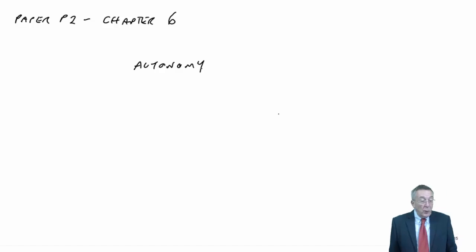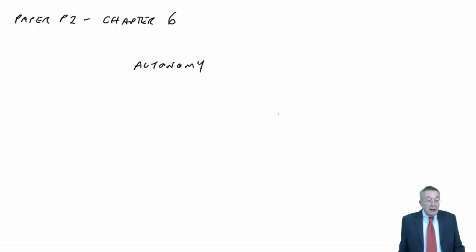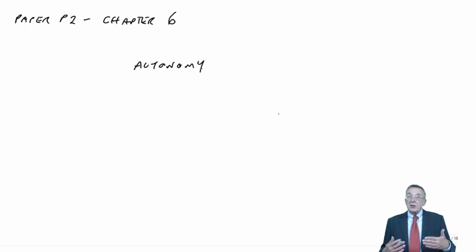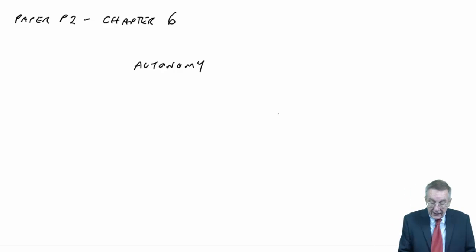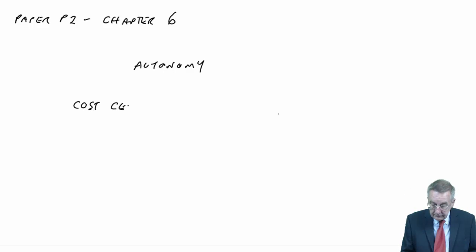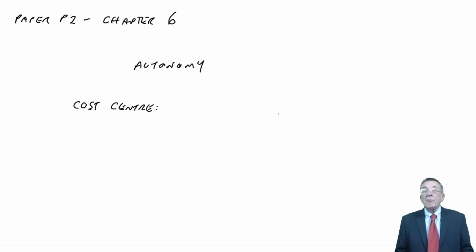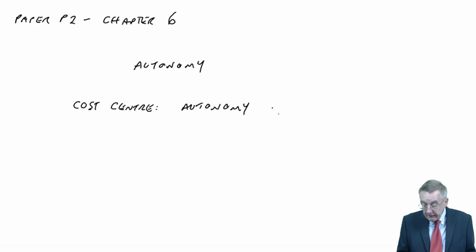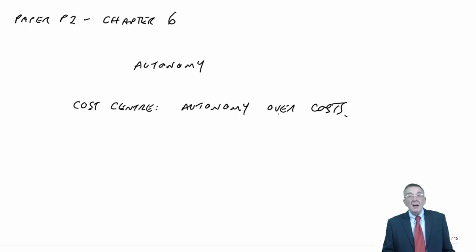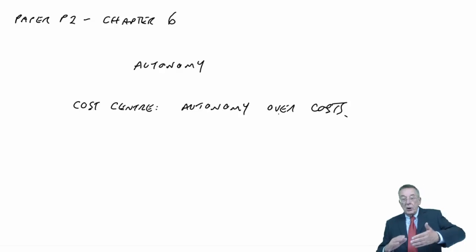Over the page, paragraph 4, there are, generally speaking, 3 types of division, depending on how much autonomy we give the manager. A cost centre is where the manager has responsibility, autonomy over costs, which may seem fairly obvious, but I'm allowing you to make decisions over the costs.